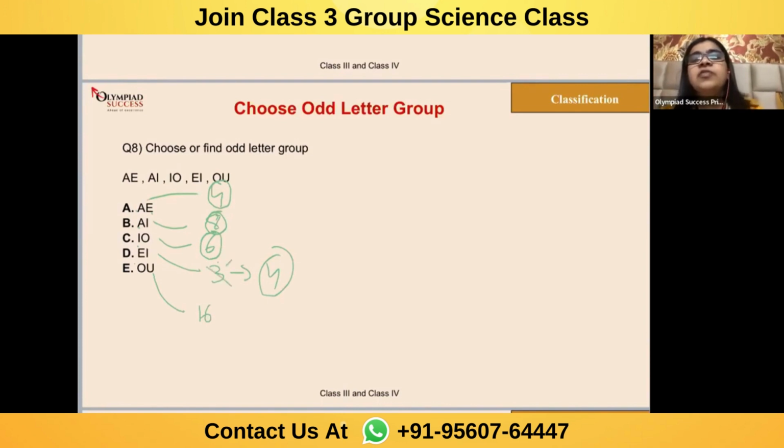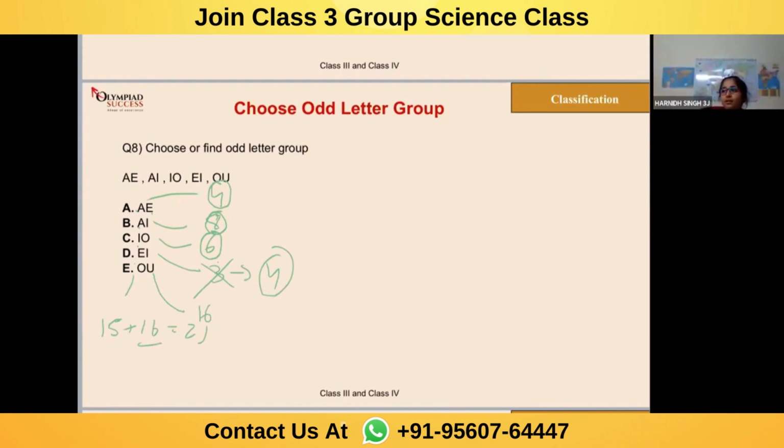So that will not be 3, that will be 4 only. Okay. And this is 15. 15 plus how much is 21? 16. So 16 is correct. Got it, Ayush? Got it, Harnit? Say Harnit. Ma'am, it's +6, not 16. Oh, yeah. Correct. Thank you.